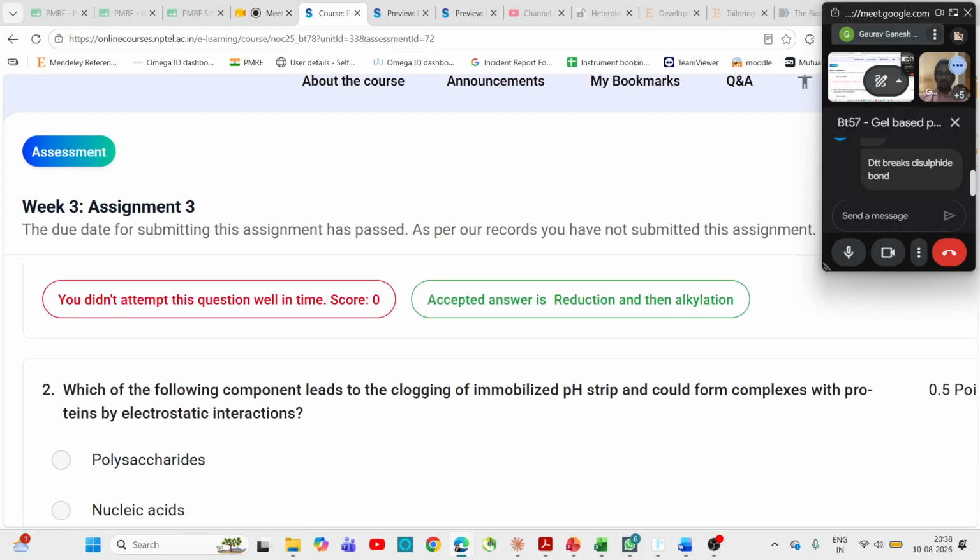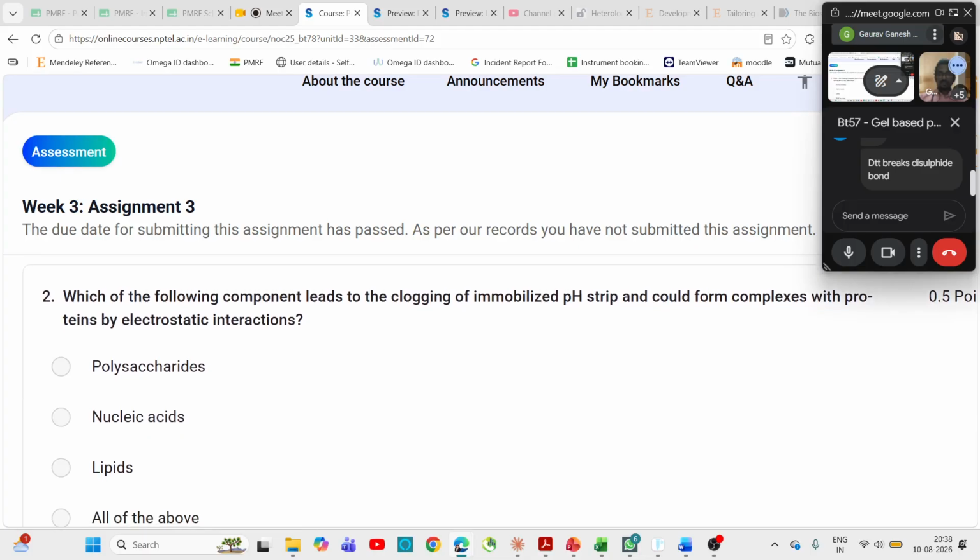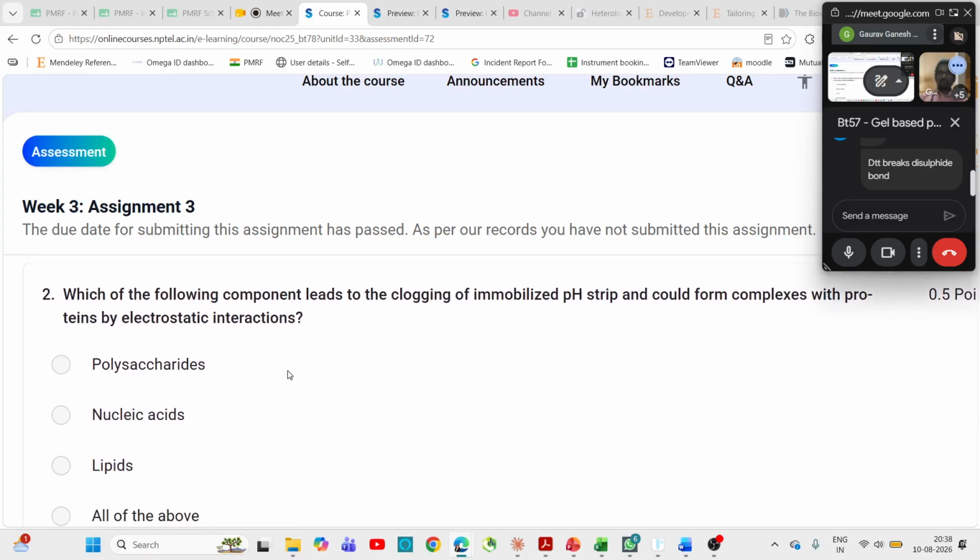It basically alkylates the sulfides itself so that it should not form the disulfide bonds again. So which of the following prevent reformation? Yes. Which of the following component leads to clogging of immobilized pH strip and could not form complexes with proteins by electrostatic interaction?